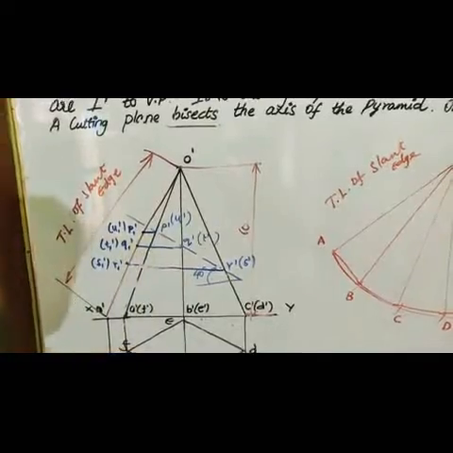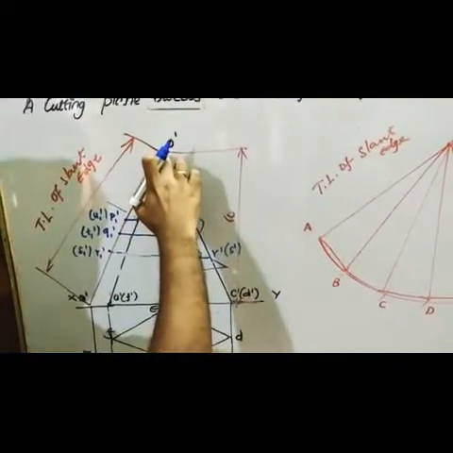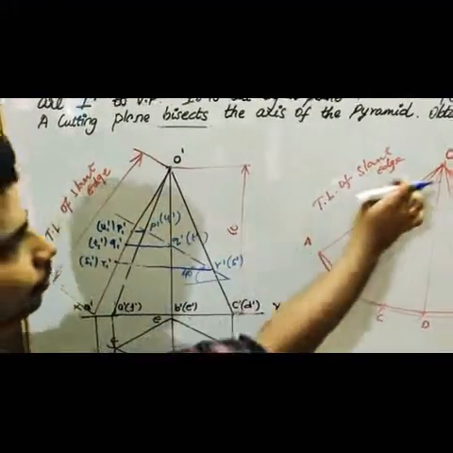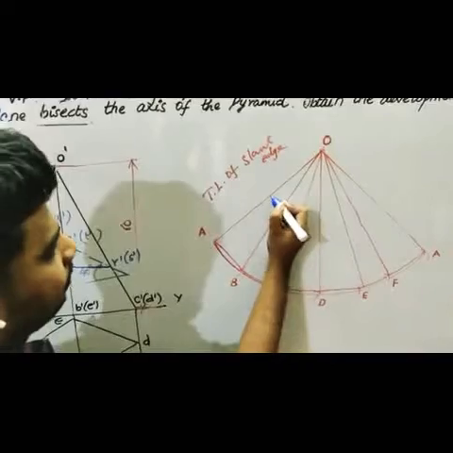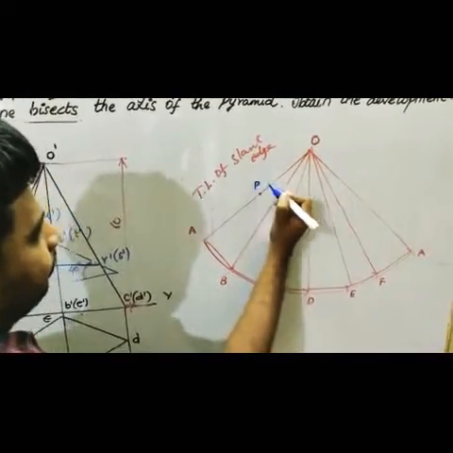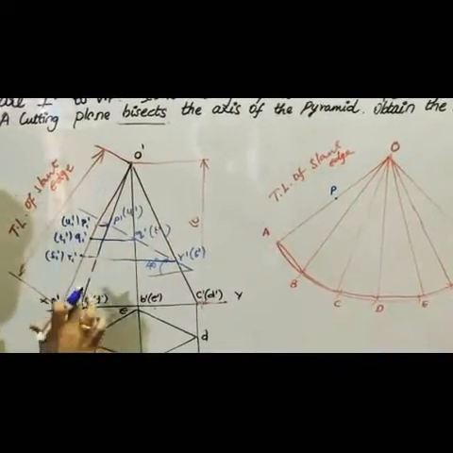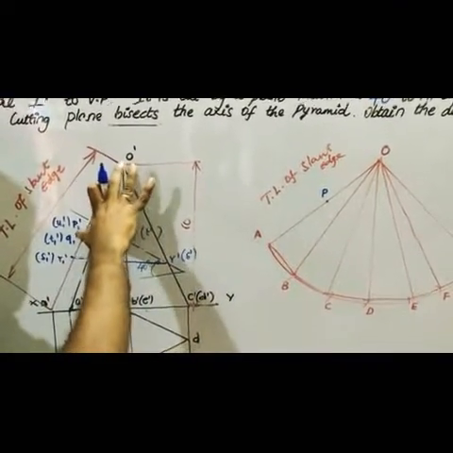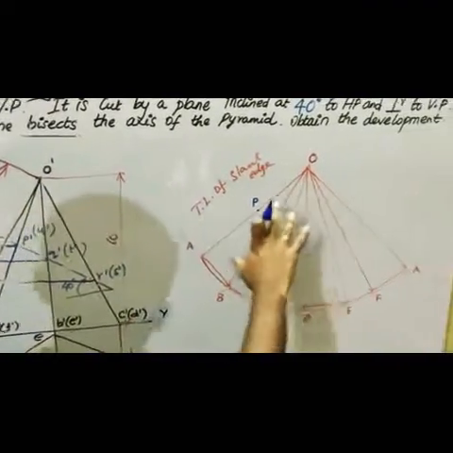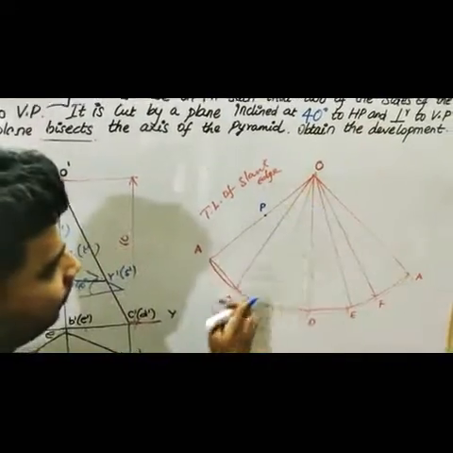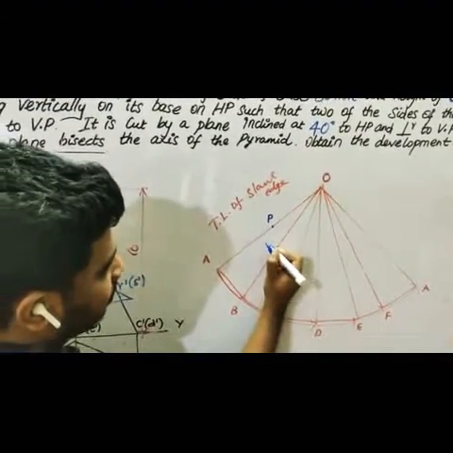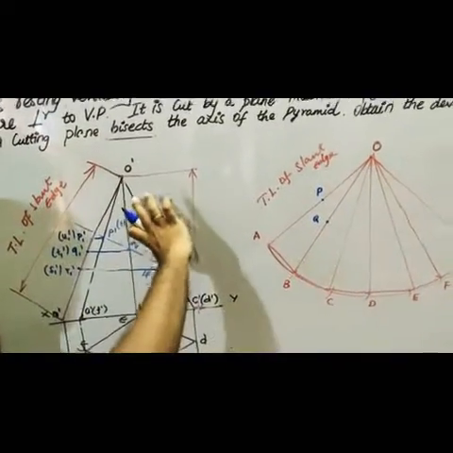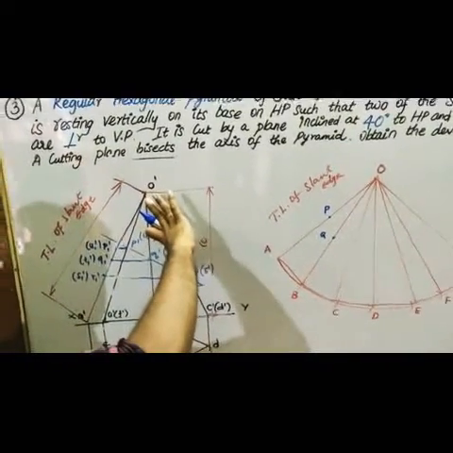So now what are you going to do? Take a compass, O dash and P dash. You measure it, and on the OA line you make the point. That is your first point P. The second point is O dash Q dash, the true length like this. You measure it and place it on the OB line, which is Q. The next one is O dash R dash, which is on a slant edge.